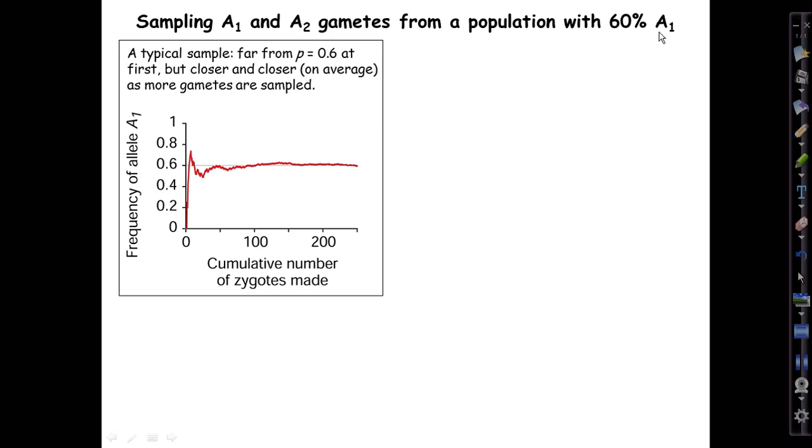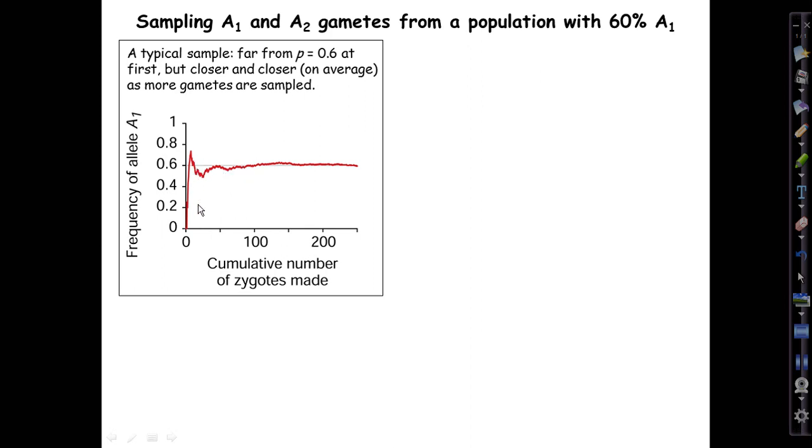So in a population with 60% of A1, if we start sampling A1 and A2 gametes to make, say, a large number of zygotes, 250 in this figure from the textbook, then although the average expected frequency of A1 is going to be 0.6, we're on average going to pick an A1 gamete 60% of the time. At first, when the sample is still small, it is very unlikely that we will have sampled exactly 60%. Indeed, on the very first trial, it has to be either 0 or 1.